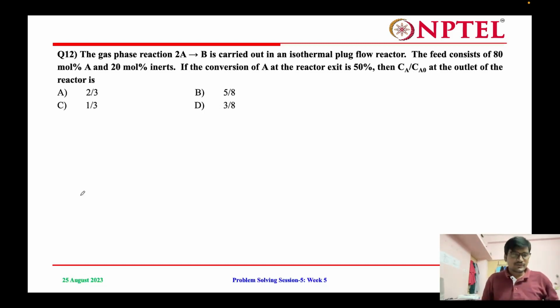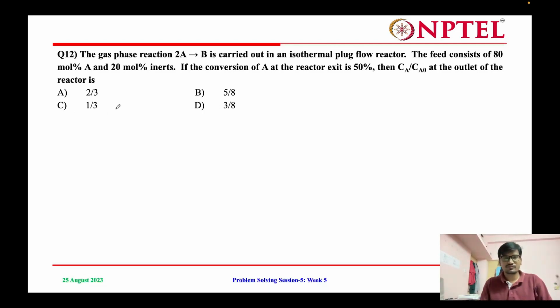Move to question number 12. The gas phase reaction 2A gives B is carried out in an isothermal PFR, plug flow reactor. The feed consists of 80 mole percent of A and 20 mole percent of inerts. If the conversion of A at the reactor exit is 50%, then C_A by C_A0 at the outlet of the reactor is?